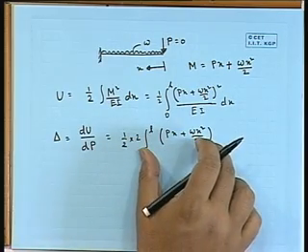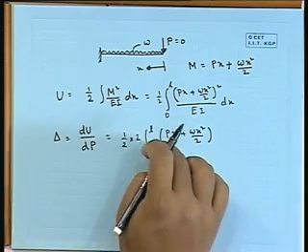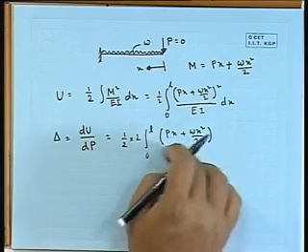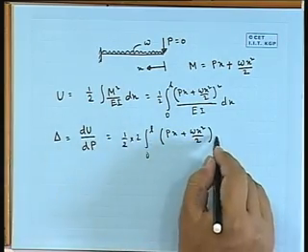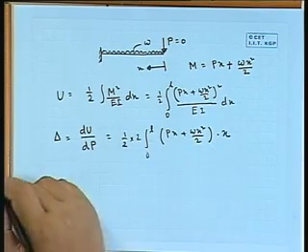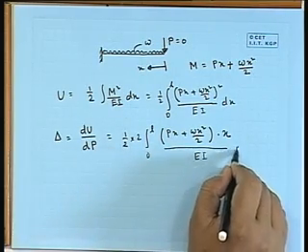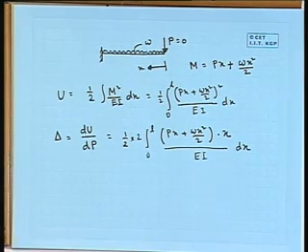So, we are taking the derivative of that quantity. It was squared, so 2 into that quantity, 2 we are putting outside, and we have to take the derivative of this quantity with respect to p. So, it will be straight away x divided by EI dx, right.